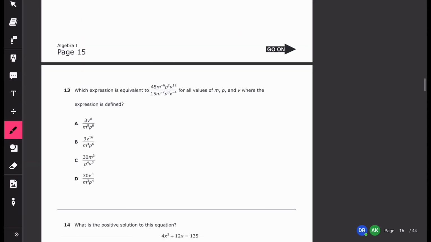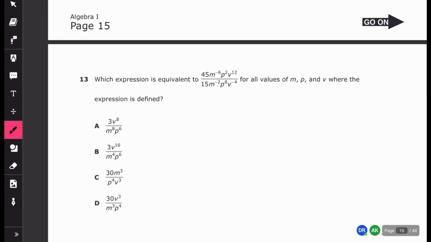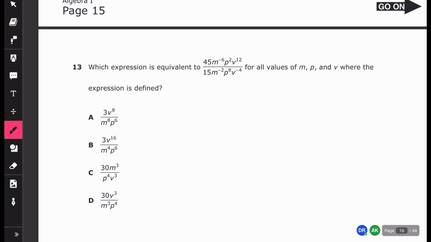Next, 13th one. In the 13th one, which expression is equivalent to 45 into m to the power of minus 6 into p square v to the power of 12 divided by 15 into m to the power of minus 2 p to the power of 8 v to the power of minus 4, for all values of m, p and v where the expression is defined.